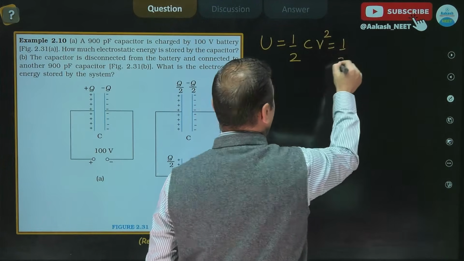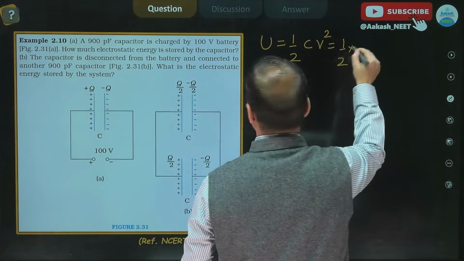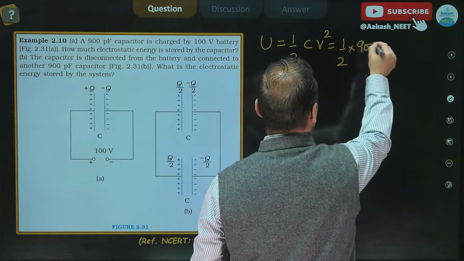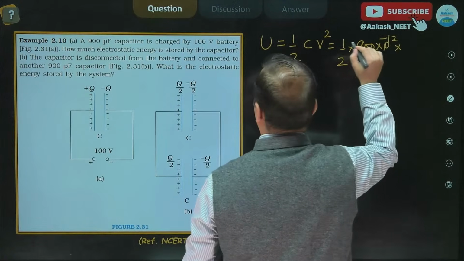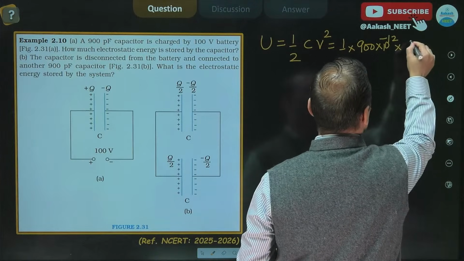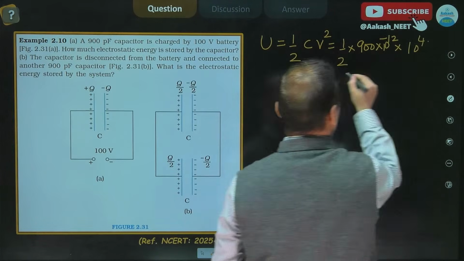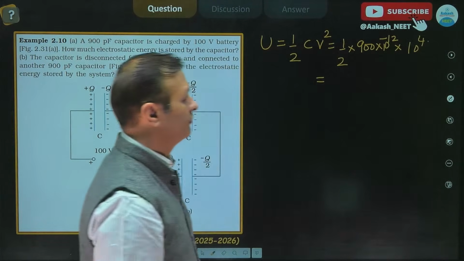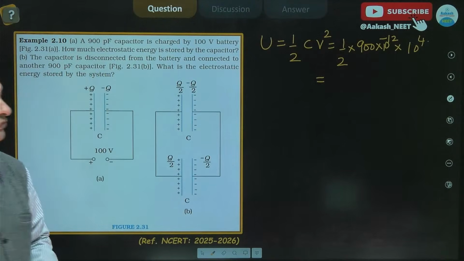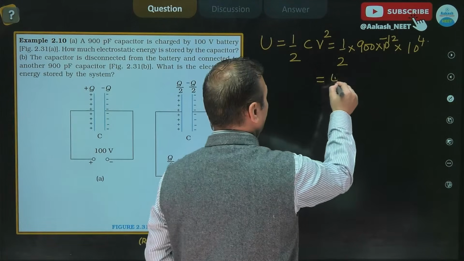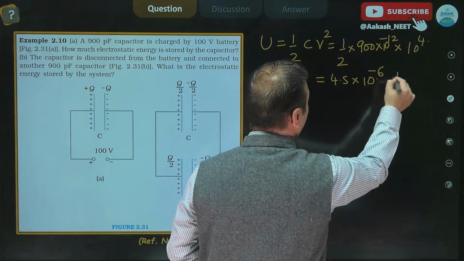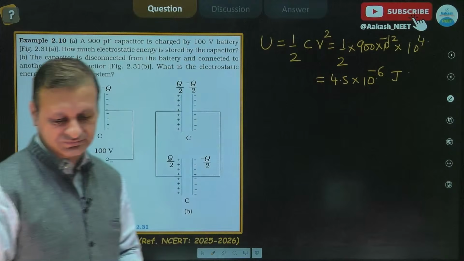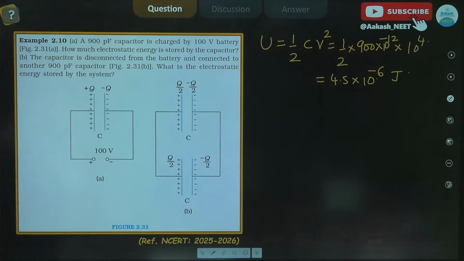So that means half into C, 900 pico, 10 to the power minus 12, multiplied by 100 volt squared. Square of 100 volt will give you 10 to the power 4 volt, and that would give you 4.5 into 10 to the power minus 6 joules. Got it?